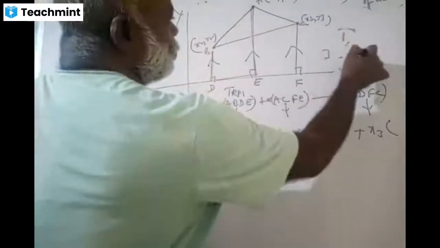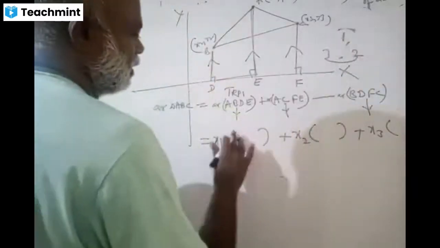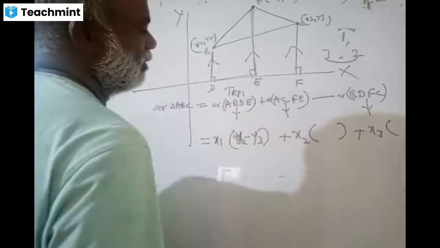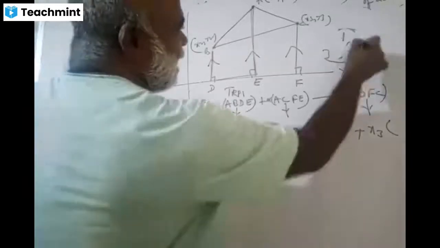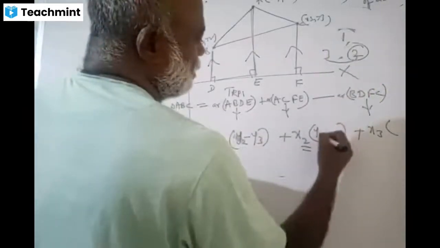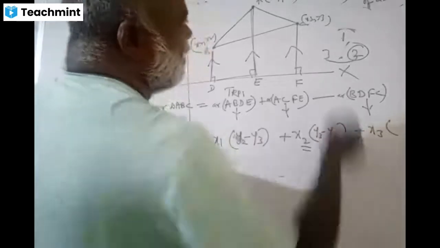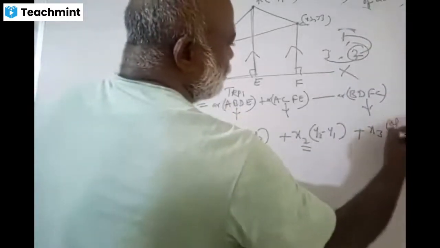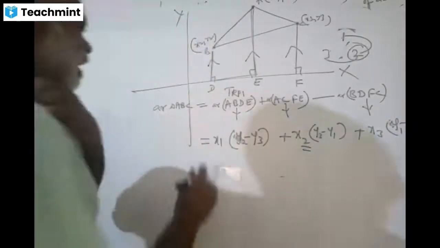If I take 1 here, it is 2 minus 3 part. Inside is y, outside is x. Now, if I take 2 here, it is 3 minus 1. If I take 3 outside, it is 1 minus 2. That's all here. This is the area of a triangle.